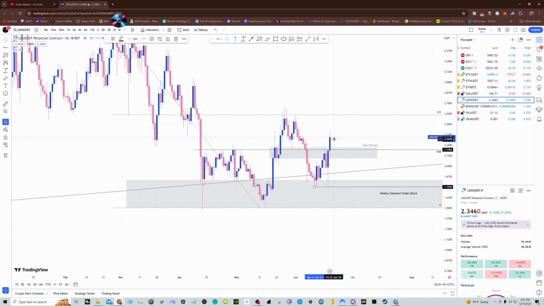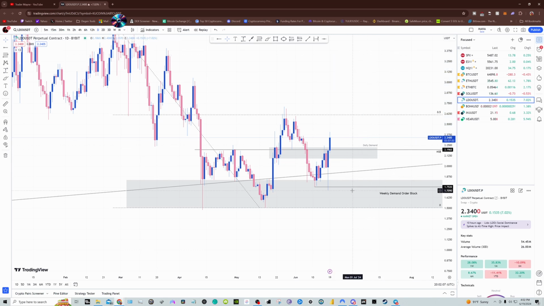And then look at the reaction. Now it looks like we're probably going to close above this daily demand flipped to supply, and then I'm assuming that we're probably going to trade all the way to maybe $3.30, somewhere around there, before this breakdown.